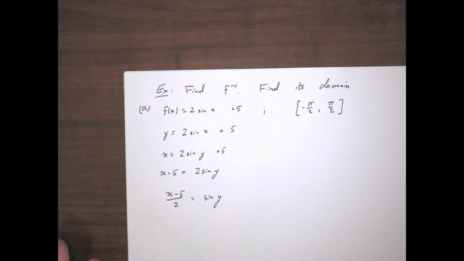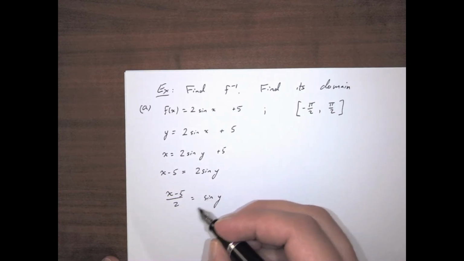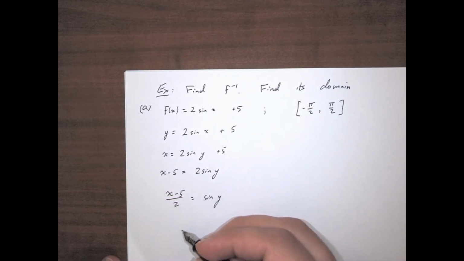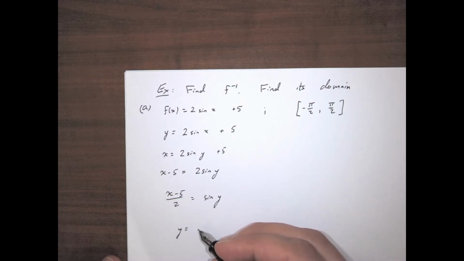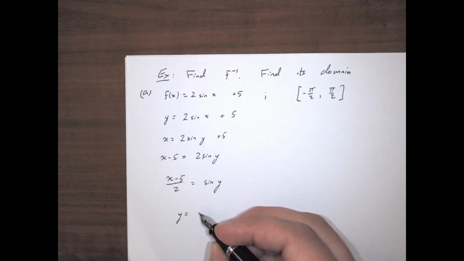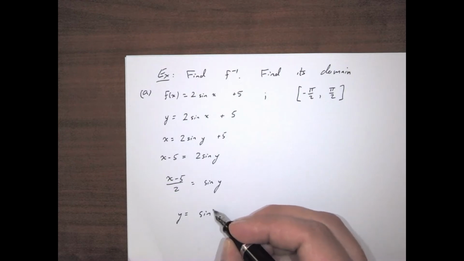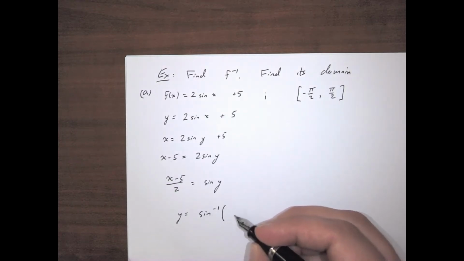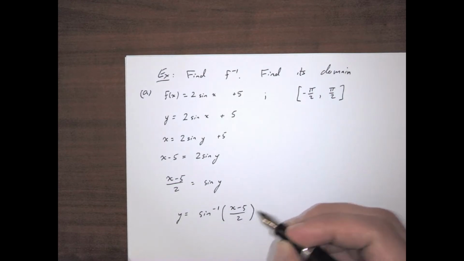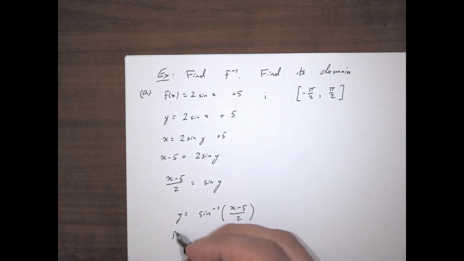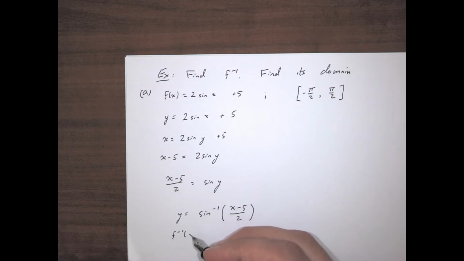But now what we need is to use the trigonometric function inverse sine. Sine inverse, arcsine. So one way you can just write it is you can just rewrite the whole thing as y equals sine inverse of (x minus 5) over 2. And that is what the inverse would be.